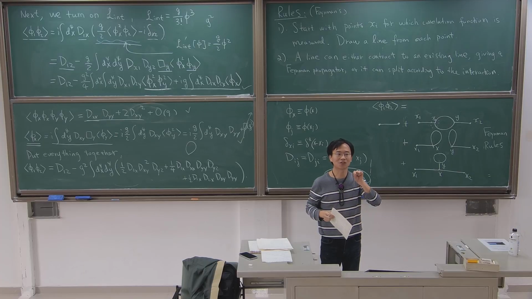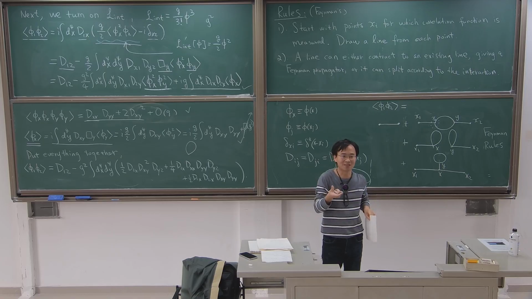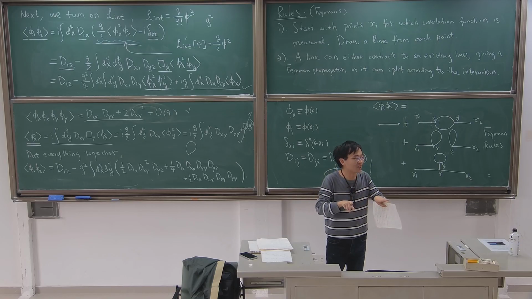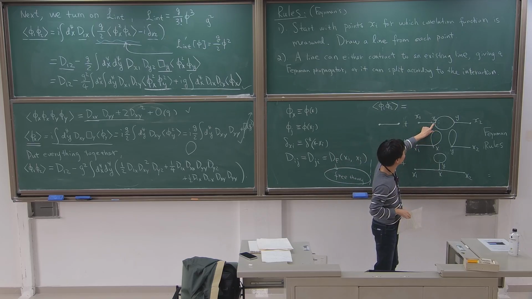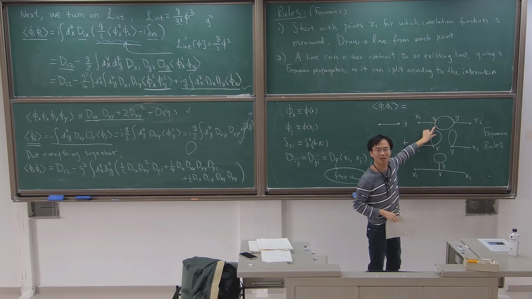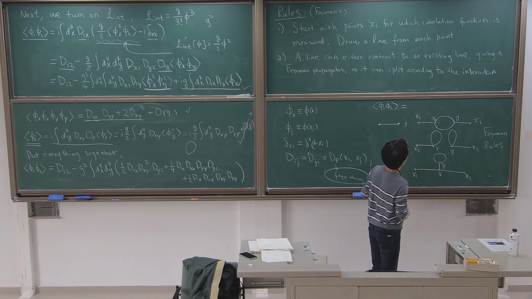Very roughly, if there is a phi field, because you allow the phi cubic coupling, at the equation of motion level it essentially means the box acting on phi will be equal to something with phi squared, which means the propagation of phi can generate some other phi squared. It's essentially this structure. If there is a phi, you can split into 2 phi. That's because of the interaction. That's what the rule says.